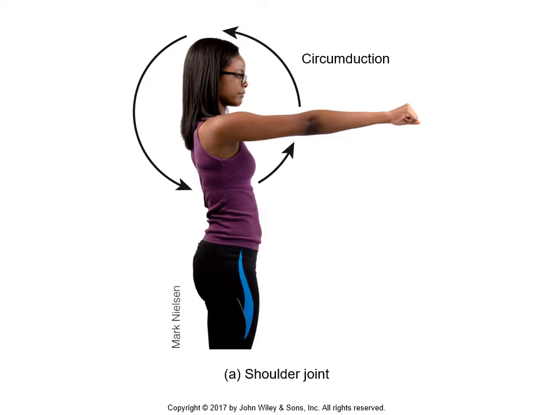You can do the same thing with your hip. Just take your leg and extend it outwards and make big circles. That's circumduction. Think circumference, around, circumduction, circle. So both the shoulder and the hip joint can perform this.